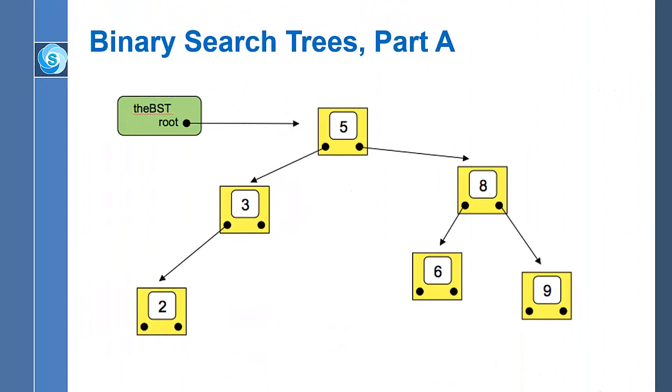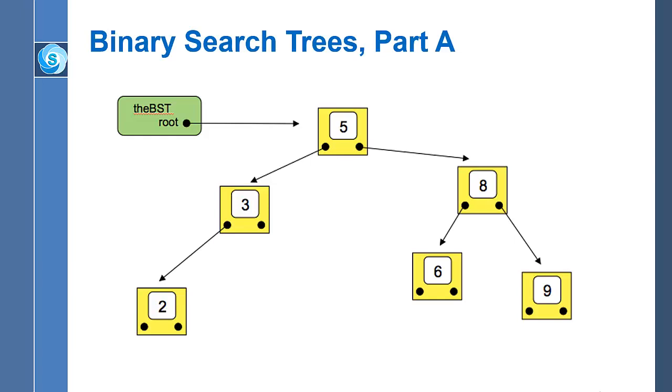The yellow boxes represent nodes in a binary search tree, okay? The green box here labeled the BST represents an object that itself represents the entire binary search tree. If you think back to when we talked about linked lists, I did something similar.